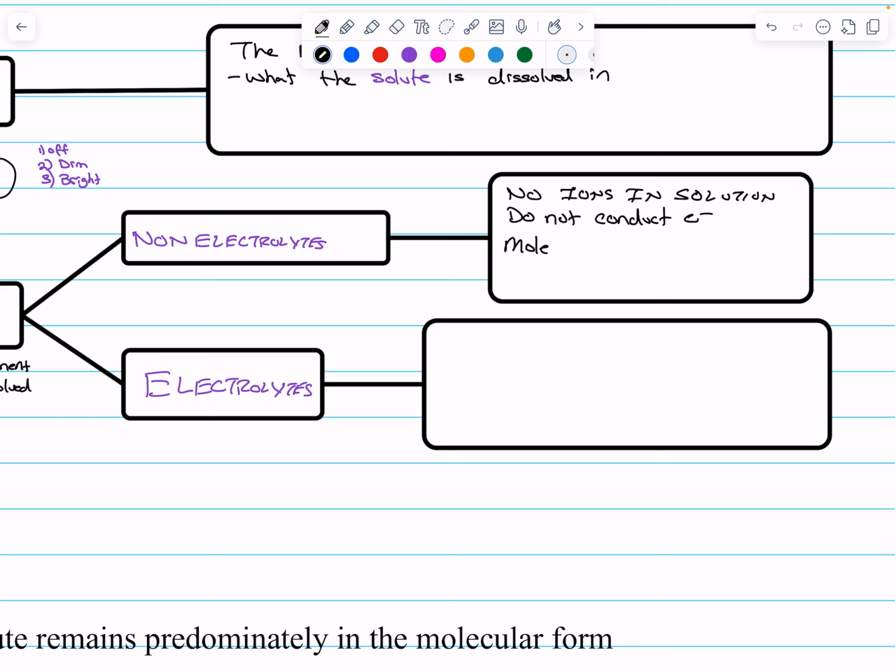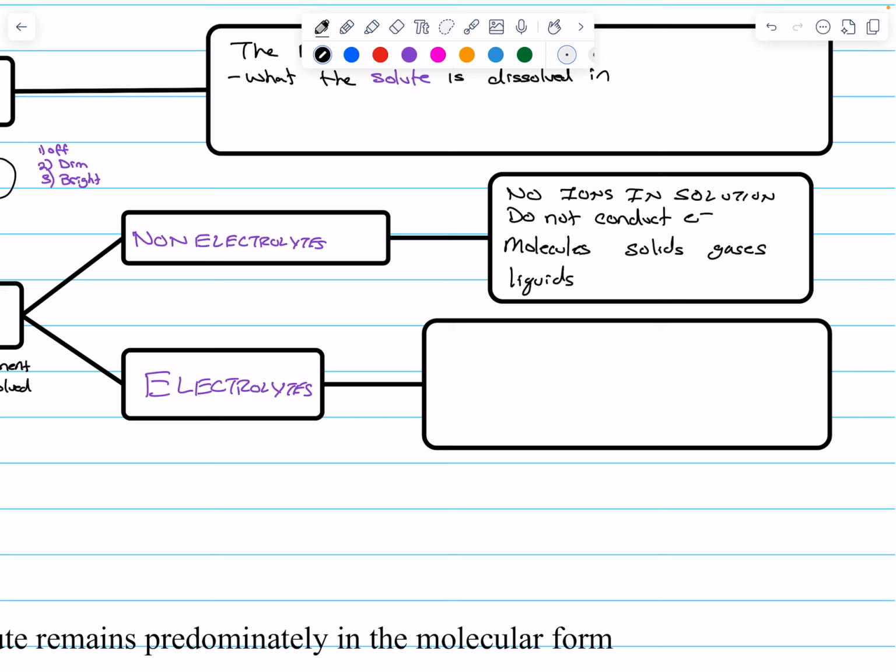Molecules, solids, gases, liquids are all non-conductors, like sugar, carbon dioxide, alcohols, and proteins. These do not conduct electricity.